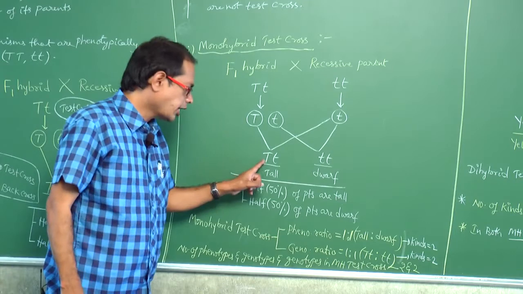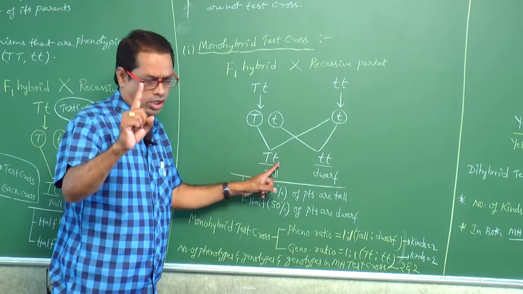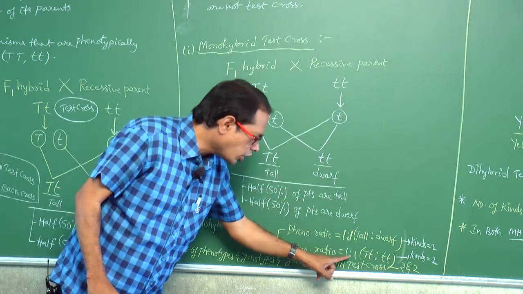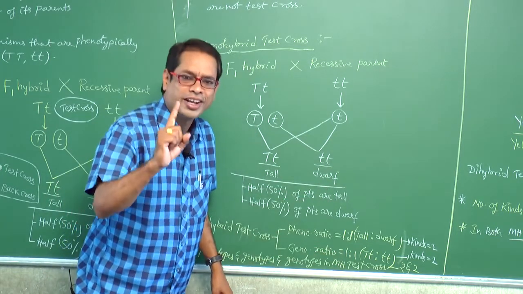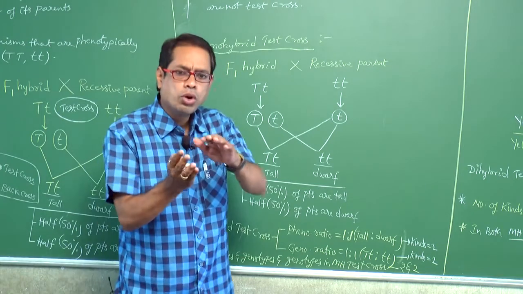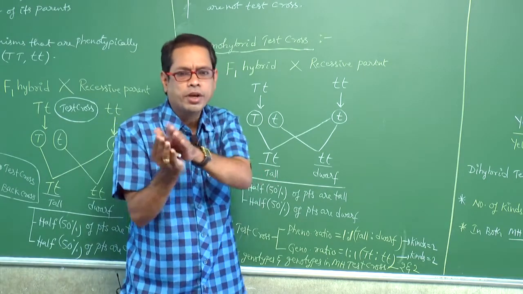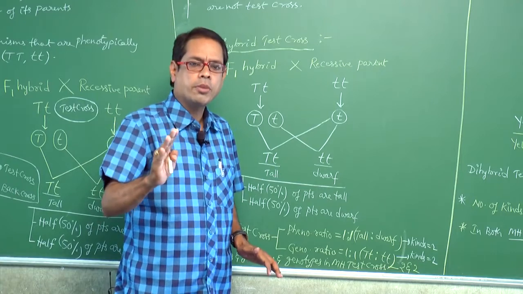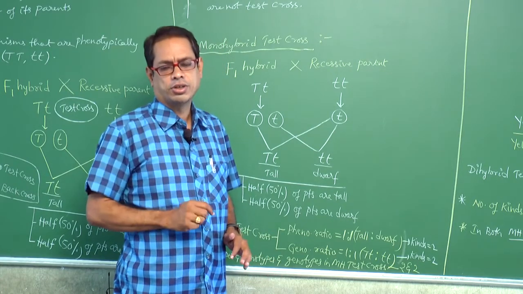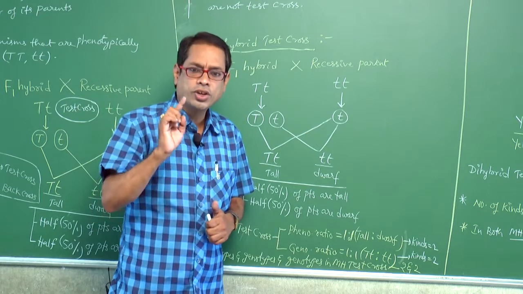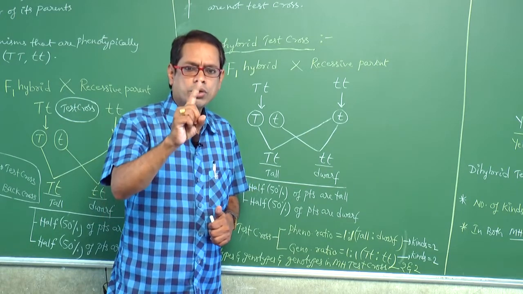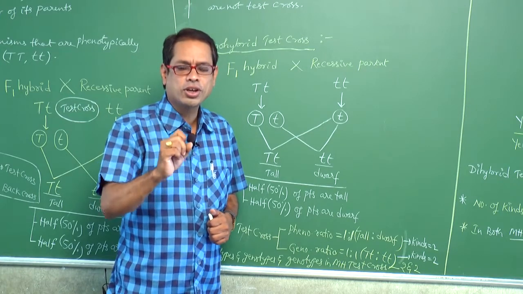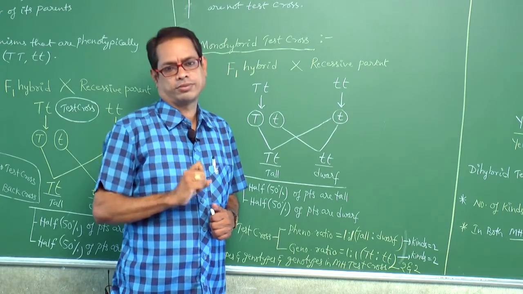Genotypic ratio, capital T small t plants, one type, small t small t one type. So that is, genotypic ratio is also 1:1. That means both phenotypic and genotypic ratios are the same in monohybrid test cross. What is the monohybrid test cross phenotypic ratio? 1:1. Monohybrid test cross genotypic ratio 1:1.